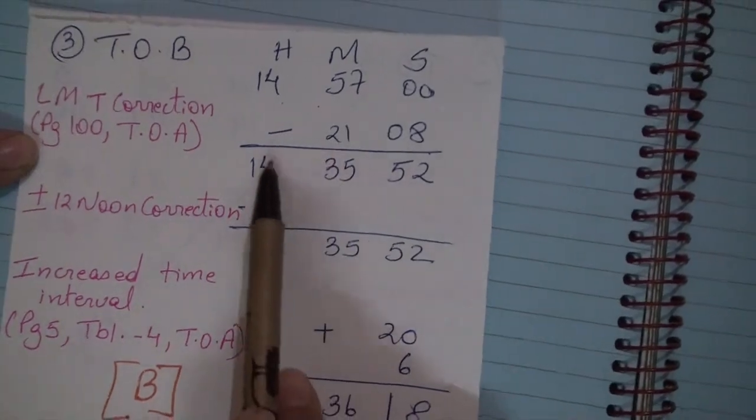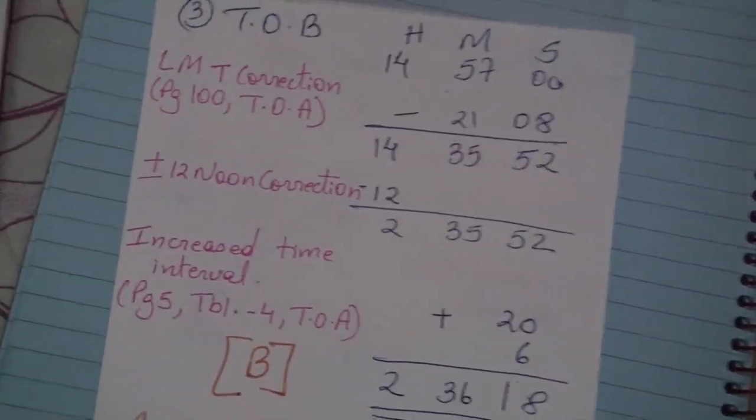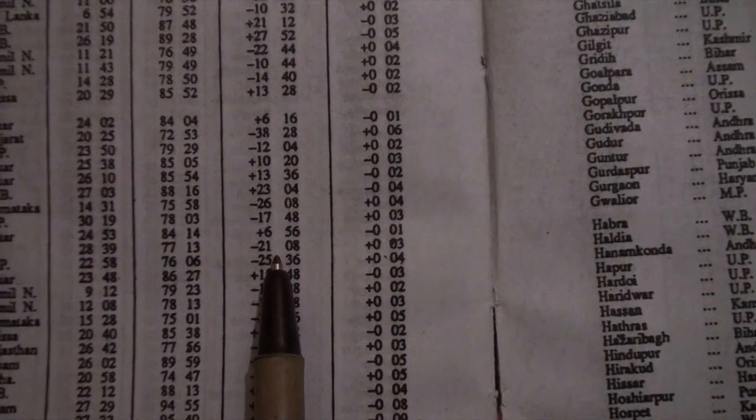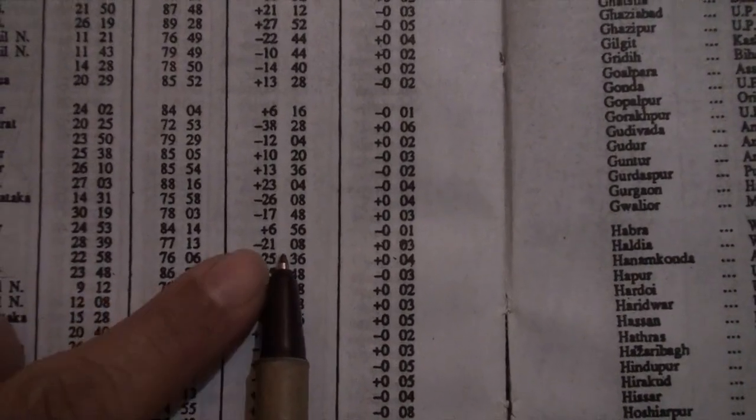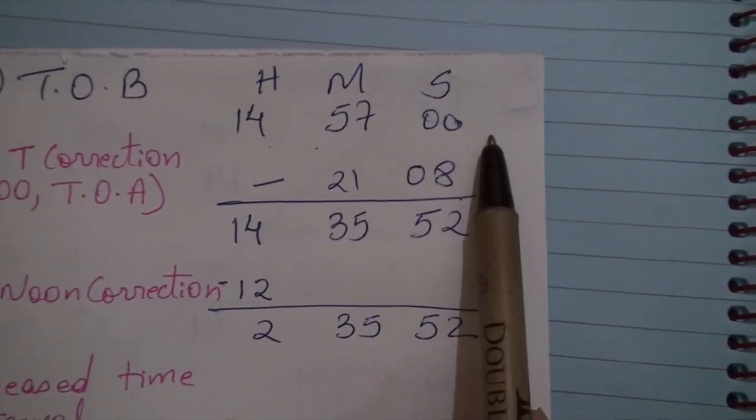You have to locate Delhi and find out the LMT correction. It is available on page number 102, and the LMT correction is minus 21 minutes and 8 seconds. We'll subtract this value from the time of birth.